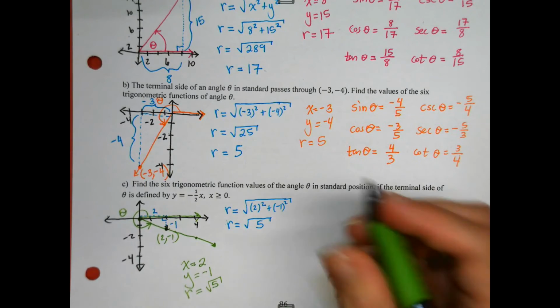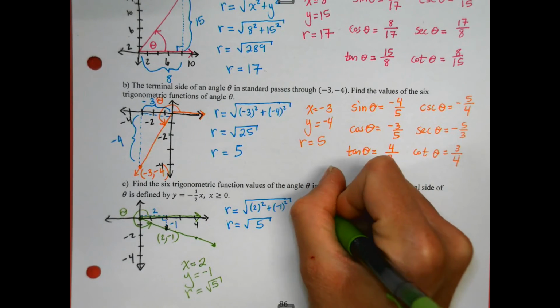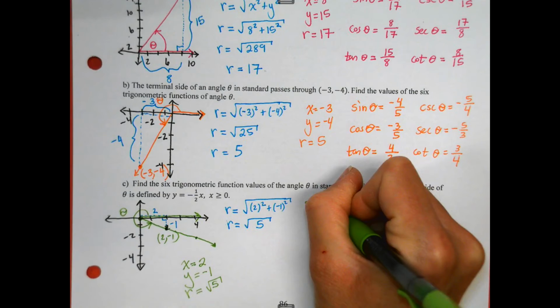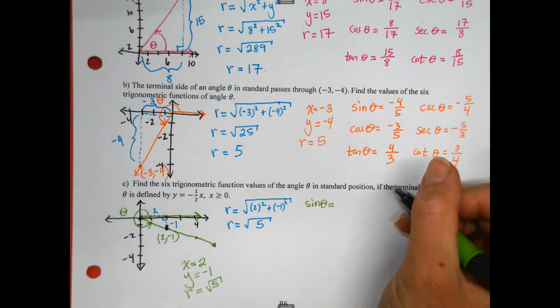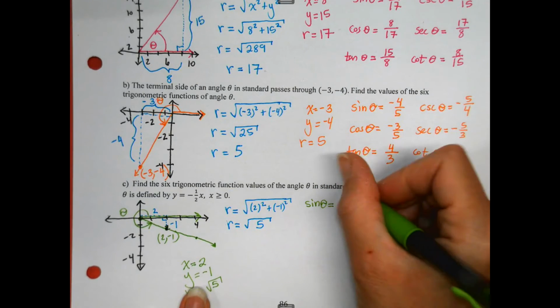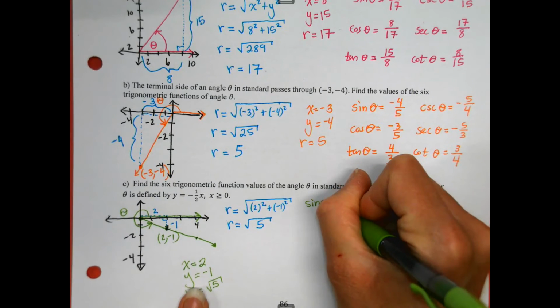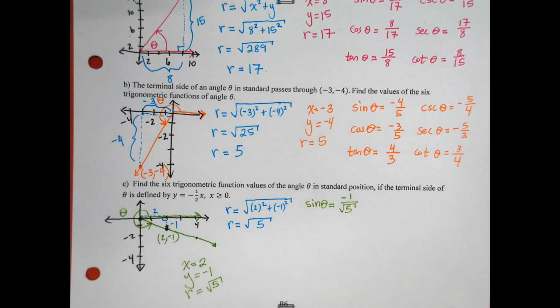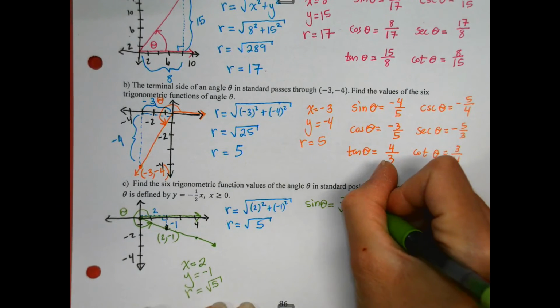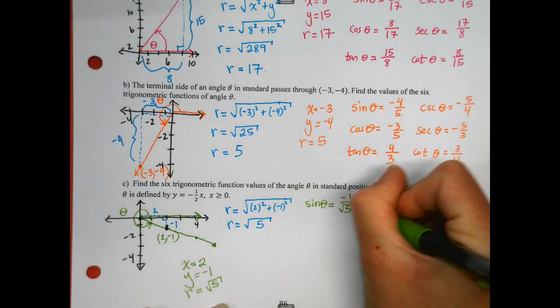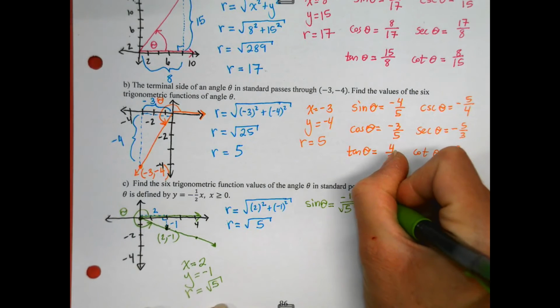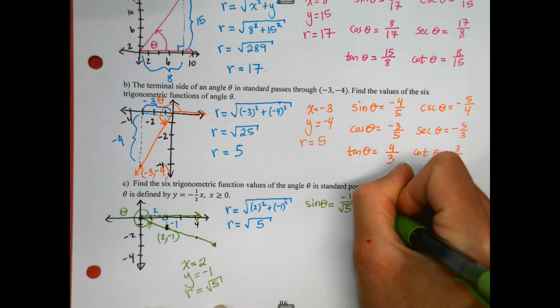To find our trig functions, sine of theta is going to be y over r. In this case, y is -1 and r is the square root of 5. But we cannot leave this as 1 over the square root of 5. We need to do what they call rationalize. In order to rationalize, we multiply by the square root of 5 over the square root of 5.